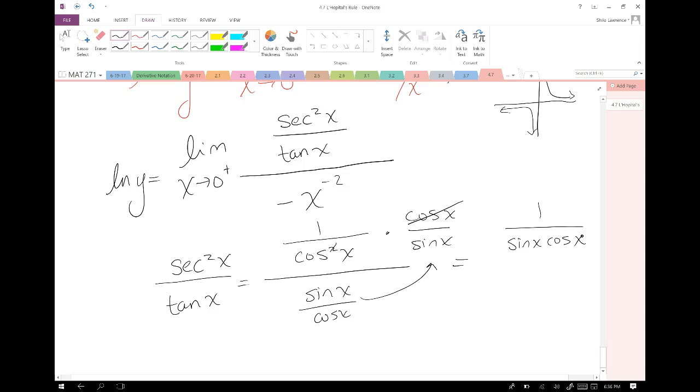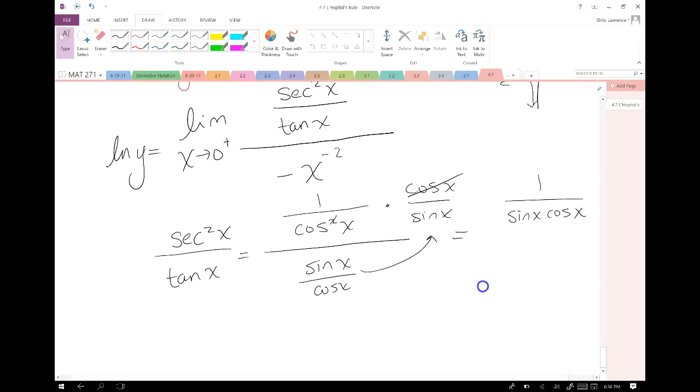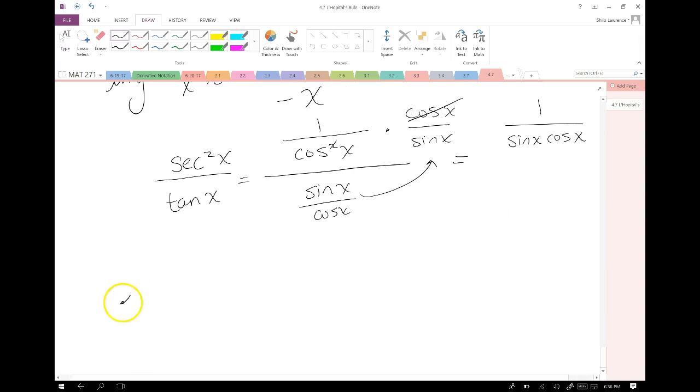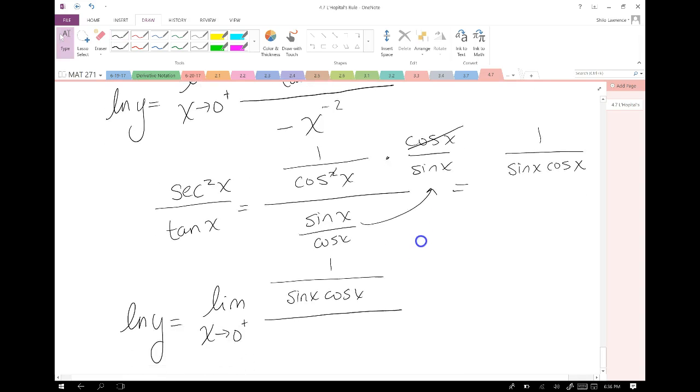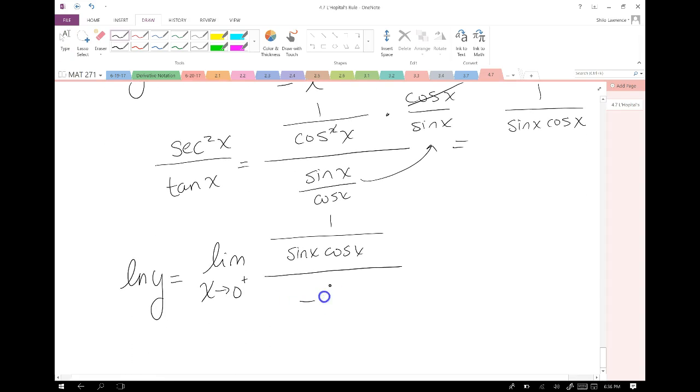So my numerator turns into 1 over sine times cosine. And negative x to the negative 2 is negative 1 over x squared.